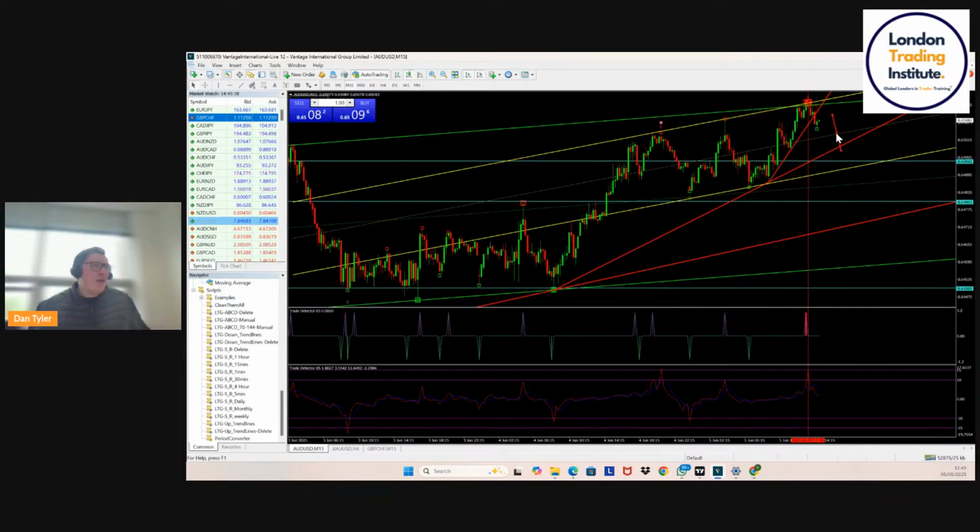Based on where we're at right now, we have an 80% probability this market is going to be moving down to this area. And if we break this inner trend line, we have an 80% probability that we'll be moving down to these areas. Okay.